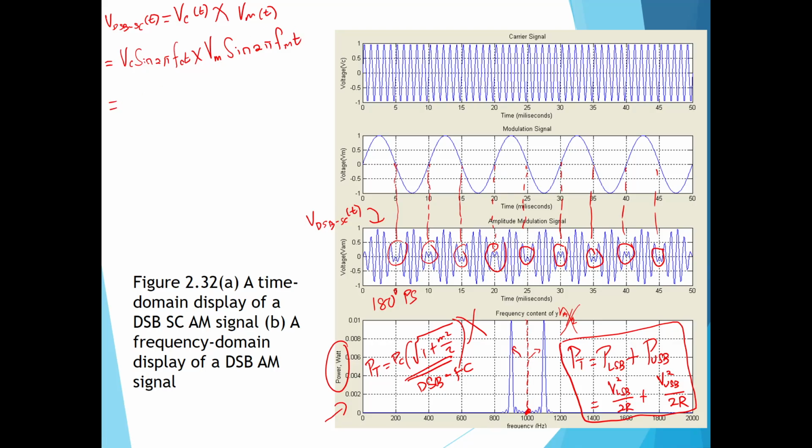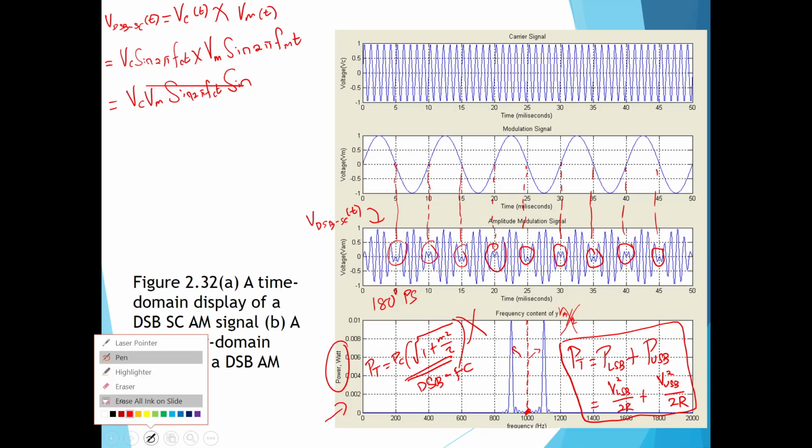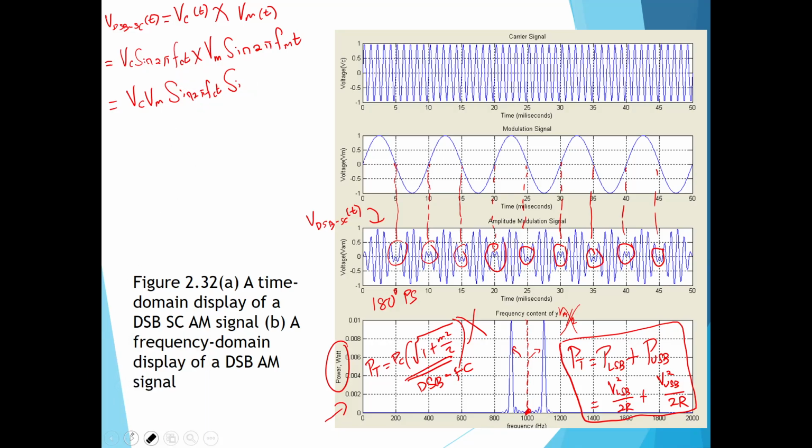So it becomes Vc Vm, because this is sine and sine. So you see this is sine 2 pi Fc t sine 2 pi Fm t. Sine and sine, according to the trigonometry identity, will become cos minus cos. So it becomes like this: Vc Vm over 2.